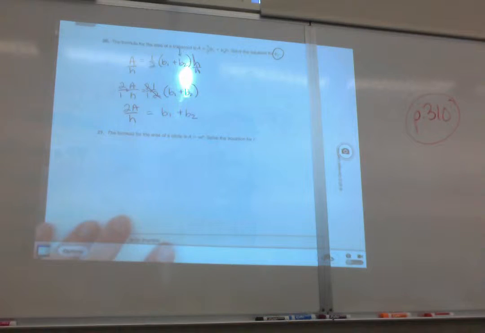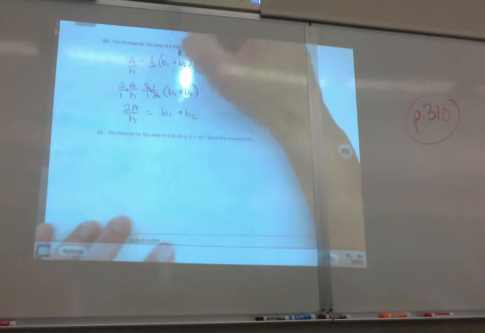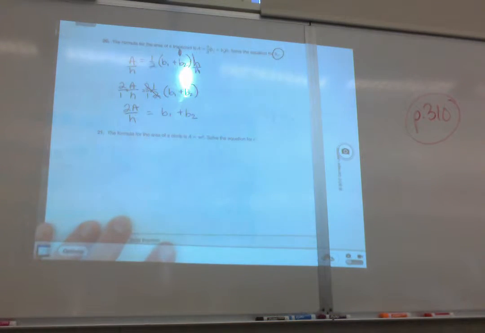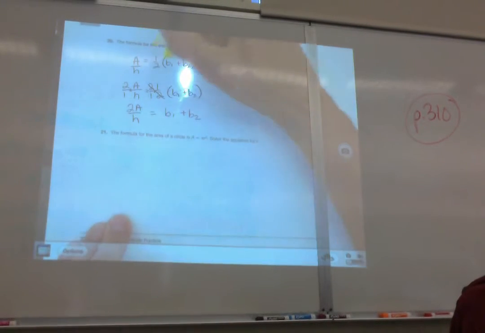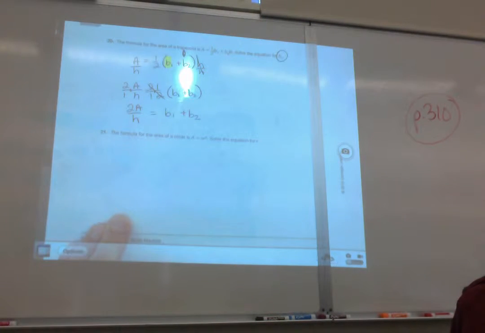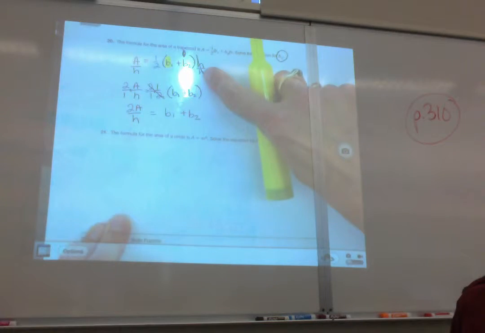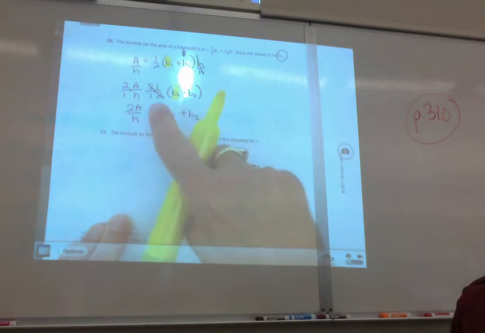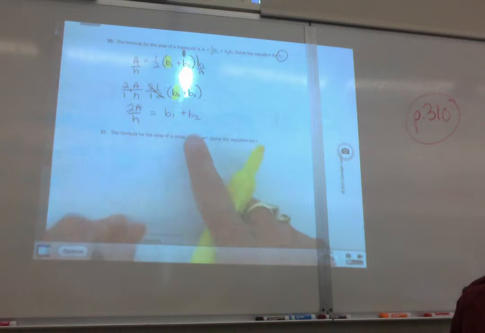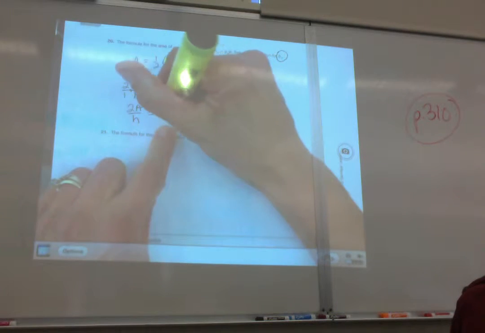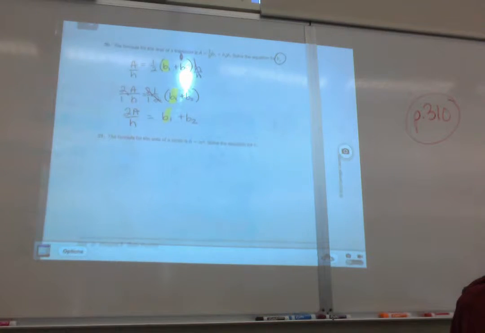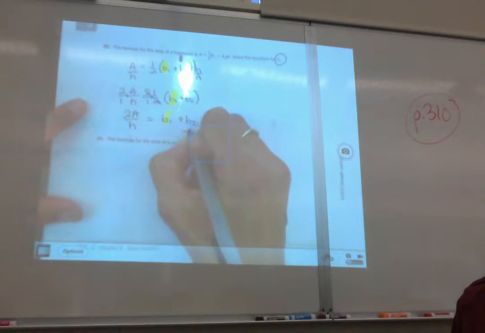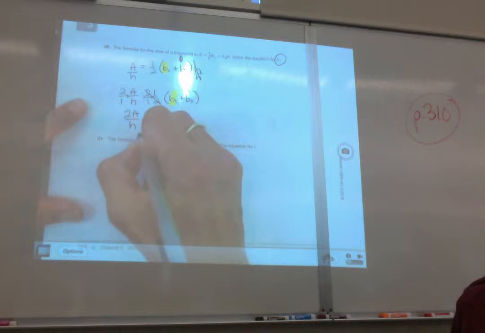The last step, remember, we're trying to get B1 by itself, and we're moving things. It's surrounded by a lot of stuff. First thing we moved was the h. Second thing we moved was the 1/2. Now the last thing we need to move is that B2. So we're going to subtract the B2 from both sides.